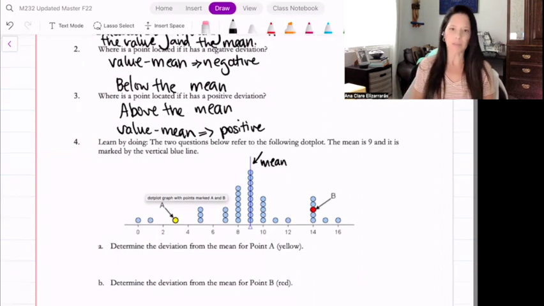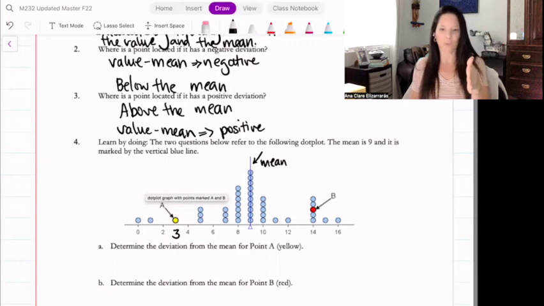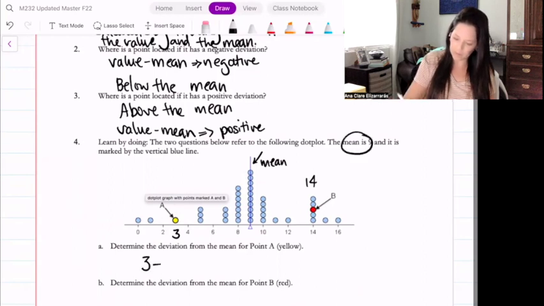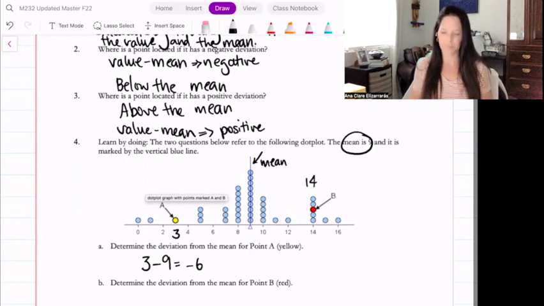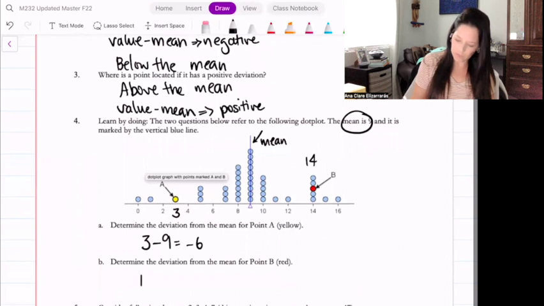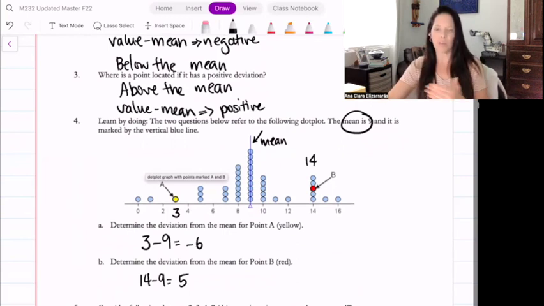We calculate again by finding the difference. This point here is at the value of 3, and the red point is at the value of 14. So for the yellow point, we take 3 minus the mean of 9, which is negative 6. That's our deviation, 6 below the mean. The red point, we have 14 minus 9, which is 5. So that deviation is 5 above the mean.